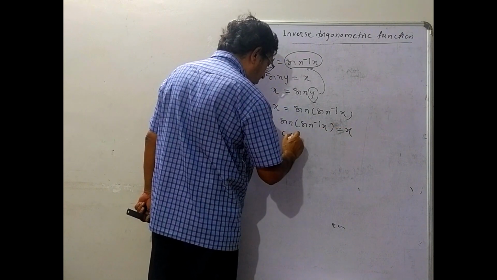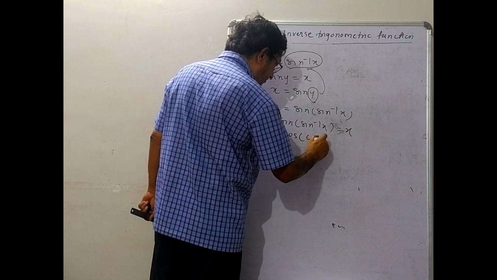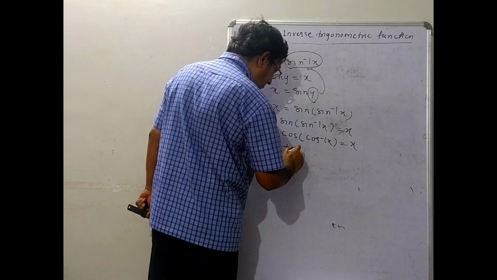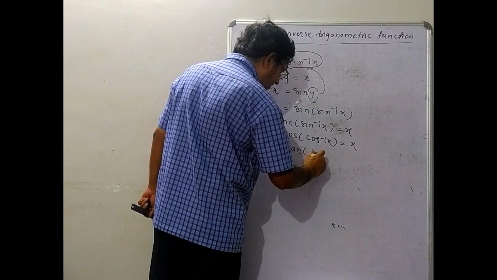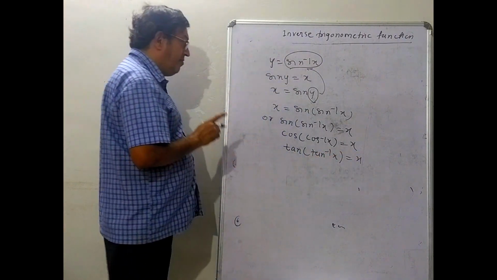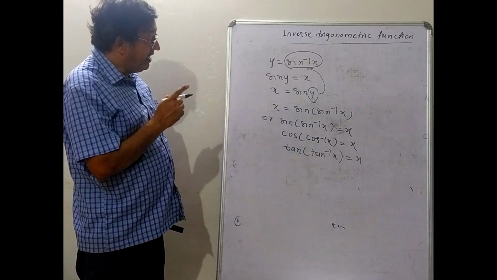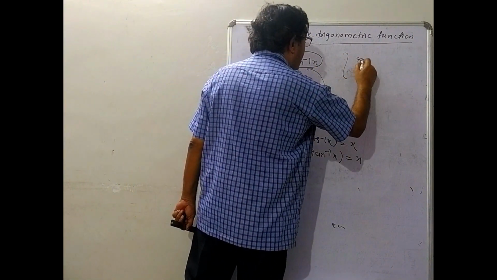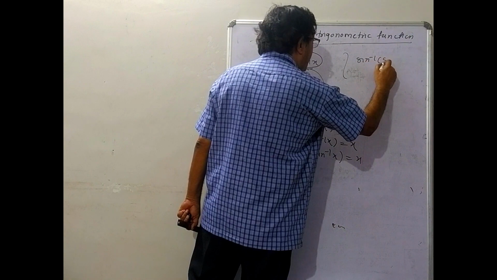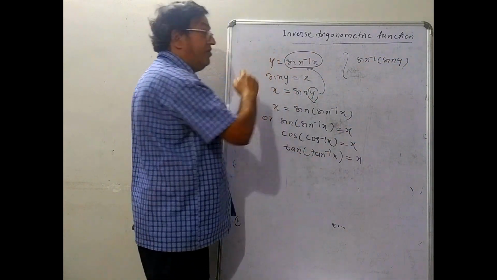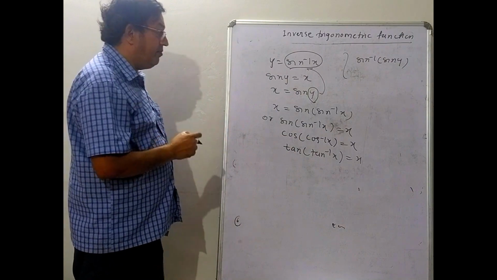Similarly, cos of cos inverse of x is x, tan of tan inverse of x is x, applicable for all inverse trigonometric functions. In note number 1 it is sine inverse of sine y, and here it is sine of sine inverse of x. Then where is this applicable?